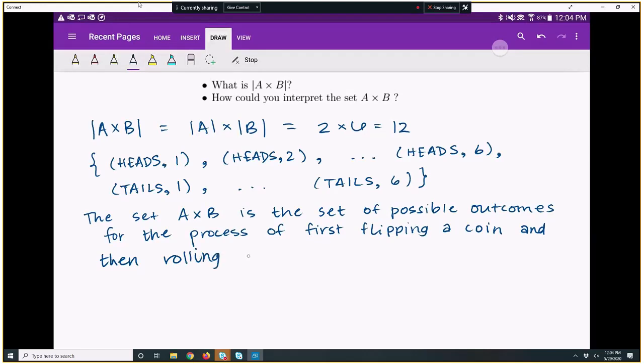So if we just did that once, we flipped one coin and then we rolled one dice, then any of the elements in this Cartesian product could be our potential outcome.